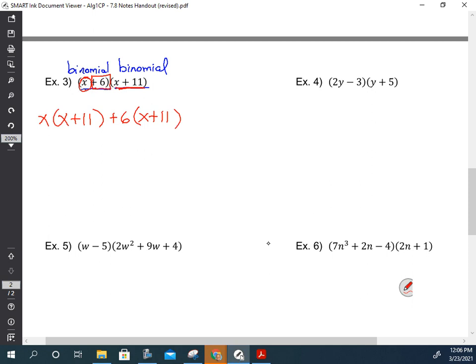Everything in the first goes to the second. Any questions so far?